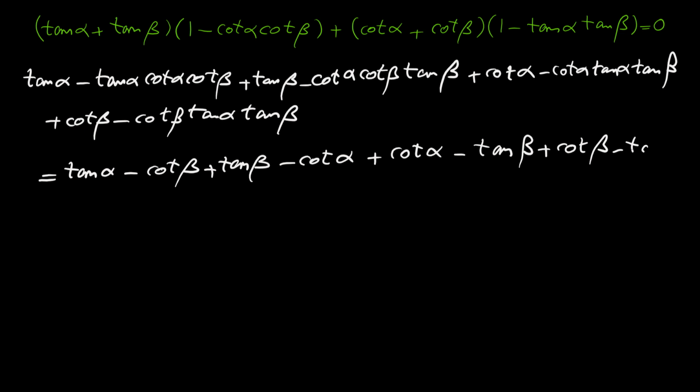Minus tangent alpha, this term cancels with this term. Minus cotangent beta with cotangent beta cancels. Tangent beta with minus tangent beta cancels. And finally, cotangent alpha with cotangent alpha cancels. Nothing remains. So this equals 0.